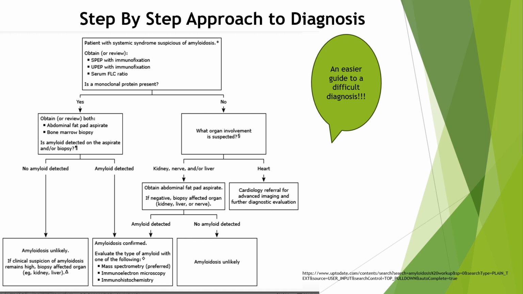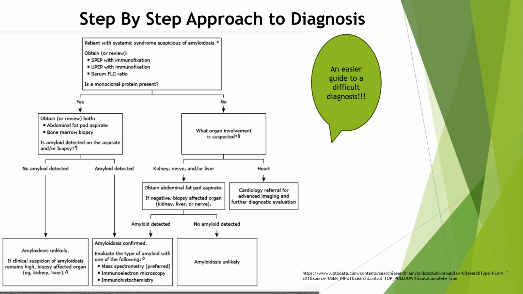But if there is no monoclonal protein present, then what are we going to do ahead? We see what organ involvement is suspected. For example, is the heart affected? If the heart is affected, then obviously there's a cardiology referral for advanced imaging and further diagnostic evaluation, but we will be talking about it in detail afterwards.